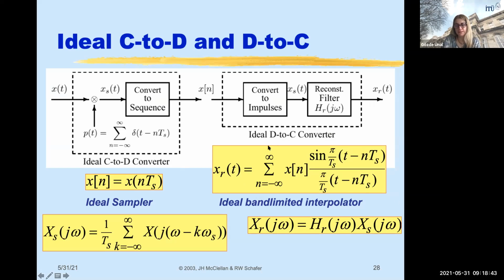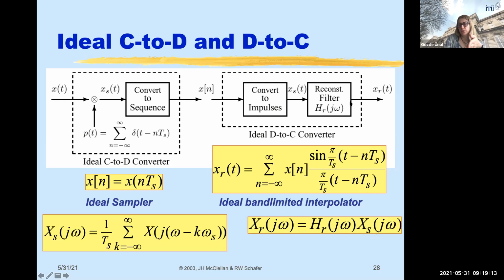Here it is, the mathematical equation. x[n] is the sampled signal value at the corresponding nTs point, the sampling period times n, and the sinc interpolator. In time domain this is the representation, but in the frequency domain, it's very easy to express.